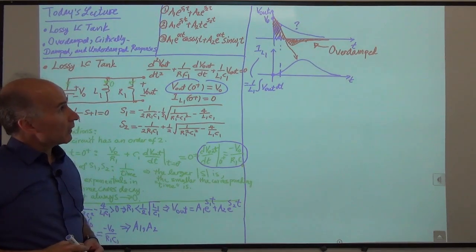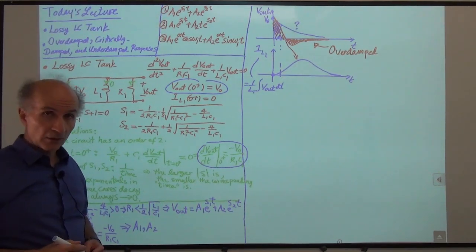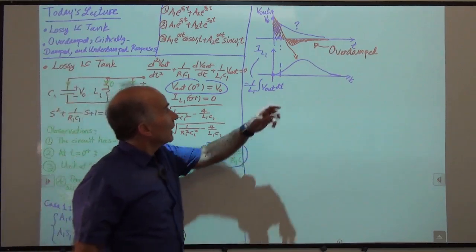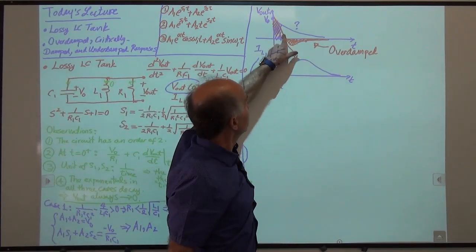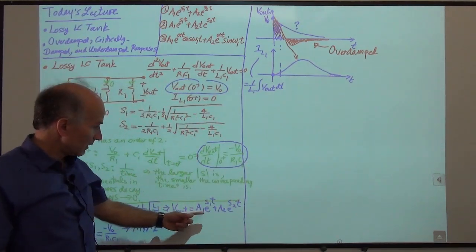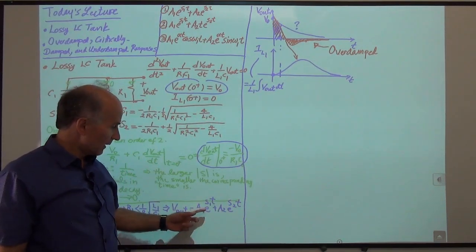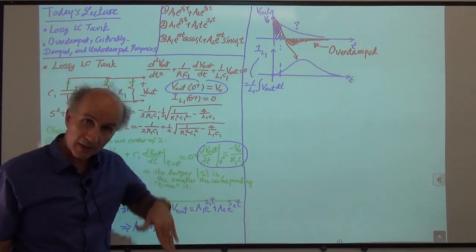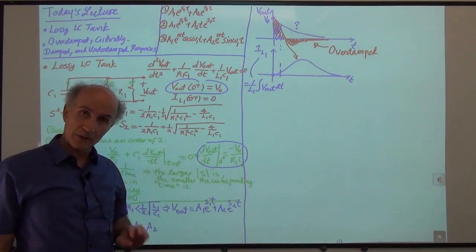But I also wanted to mention something quickly here, just in case you are curious. So why does it happen like this anyway, right? So if you have A1 times this, A2 times this, why is it that the sum of these two actually goes negative and then comes back to 0?